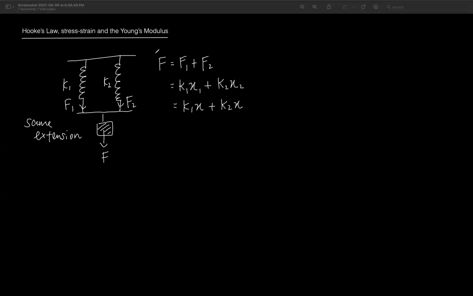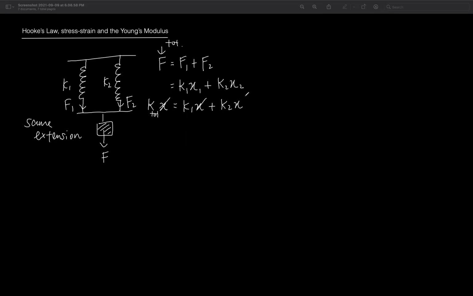Now this F is the total F, correct? So total F, if I take F equals Kx, that is K total X total, correct? I'm just substituting F equals Kx. So K total, X total, but the X total is the same as all these X's.